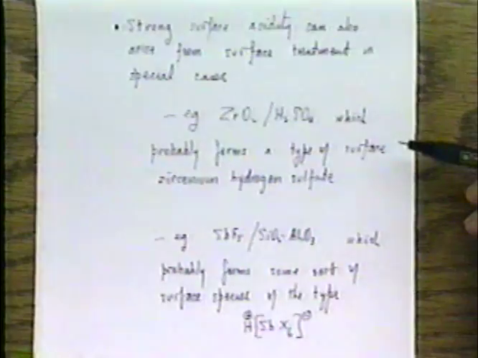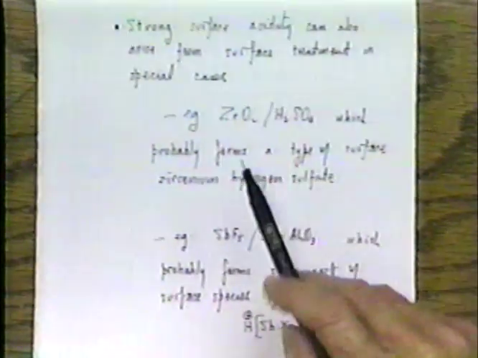There's been a great deal of work in recent years in which other forms of acidity have been generated in solids, usually by the use of acids which are themselves known acids, like sulfuric acid, and a typical example of this is sulfuric acid distributed over zirconia, which turns out to have extremely strong acidity, probably because there's a reaction product between the zirconia and the sulfuric acid of some sort of zirconium hydrogen sulfate, in which the hydrogen has very strong acidity.